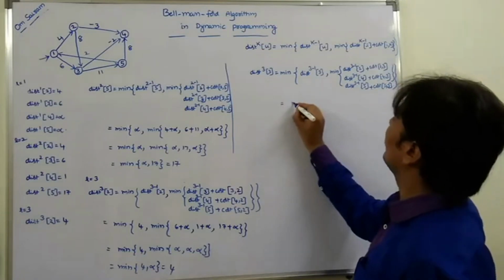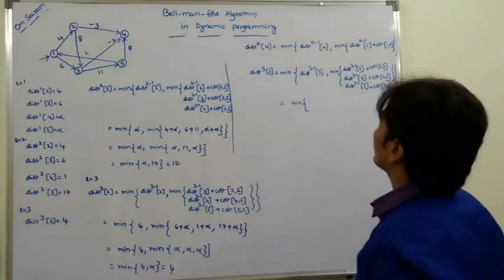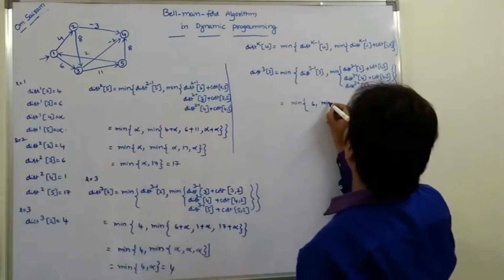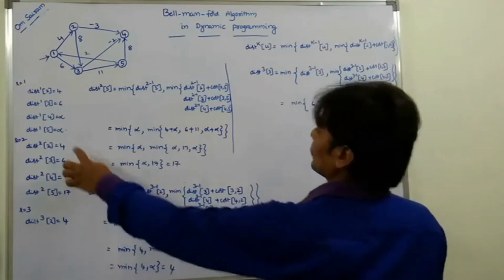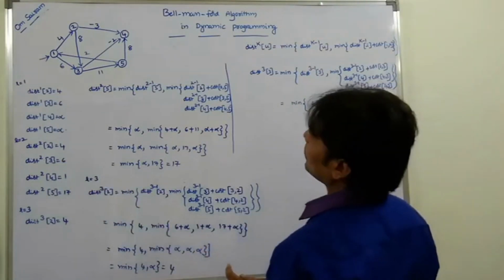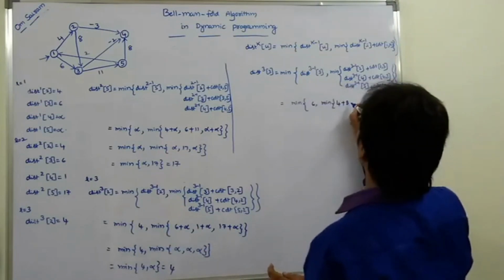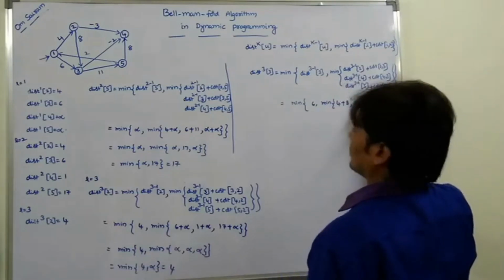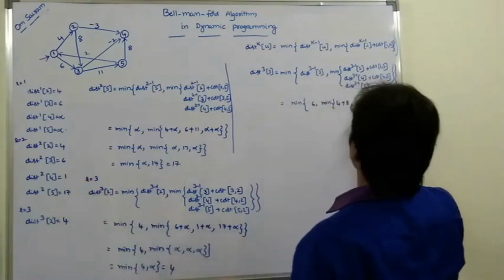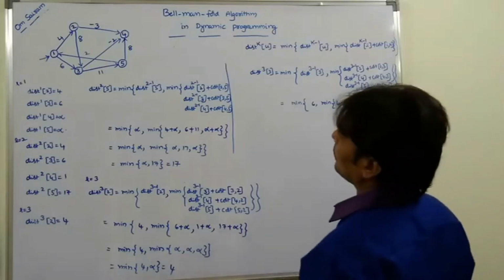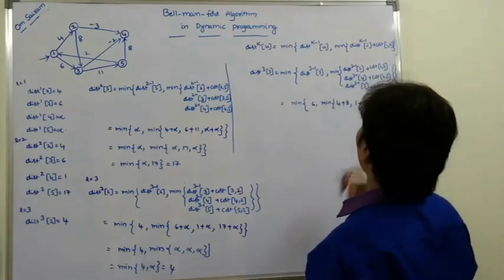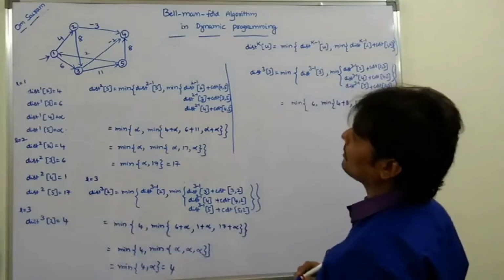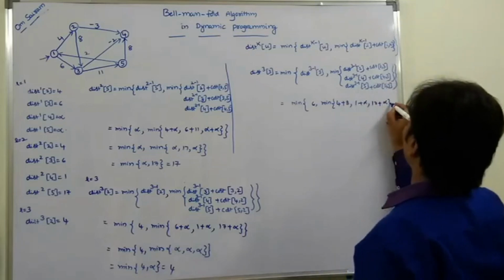So that is equal to the minimum of dist 2 of 3, which is 6, comma the minimum of dist 2 of 2, which is 4, plus cost of 2 comma 3, which is 8; dist 2 of 4, sorry, that is 1, plus cost of 4 comma 3, which is infinity; dist 2 of 5, that is 17, plus cost of 5 comma 3, which is infinity.